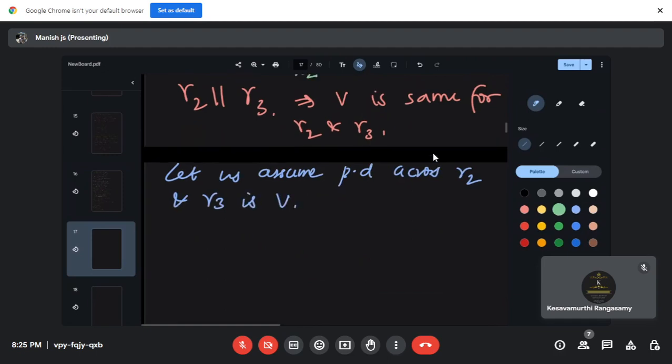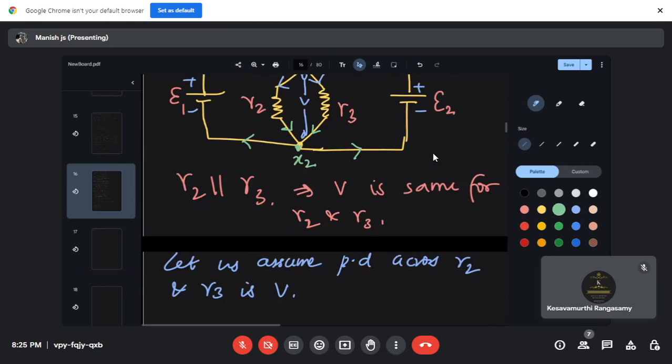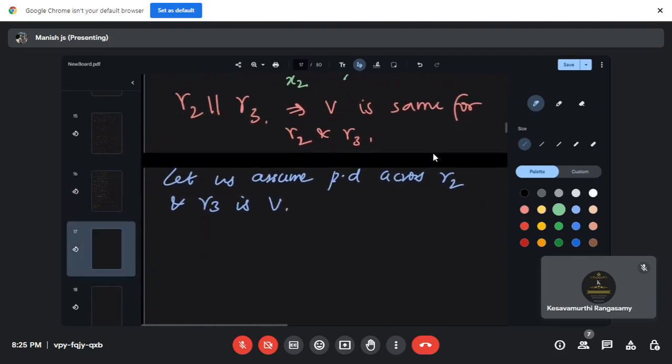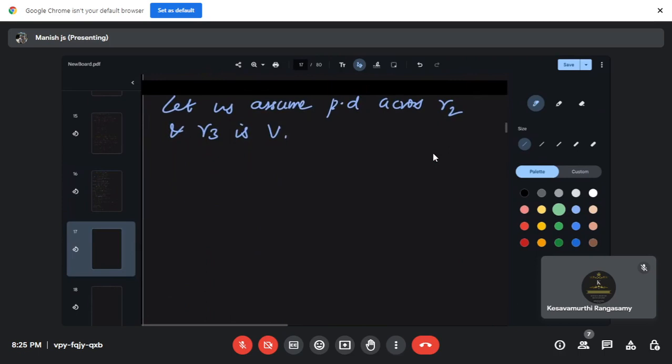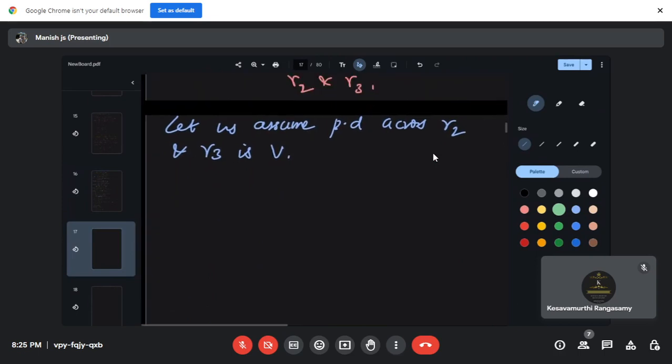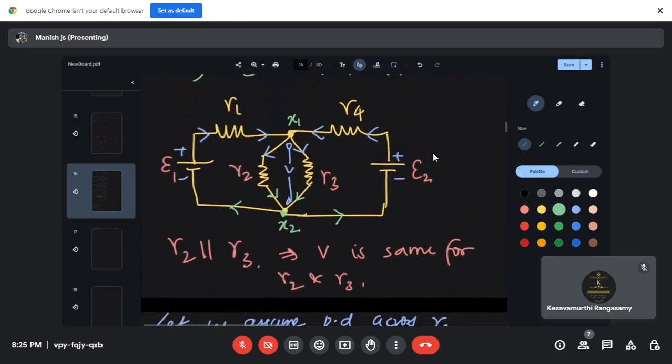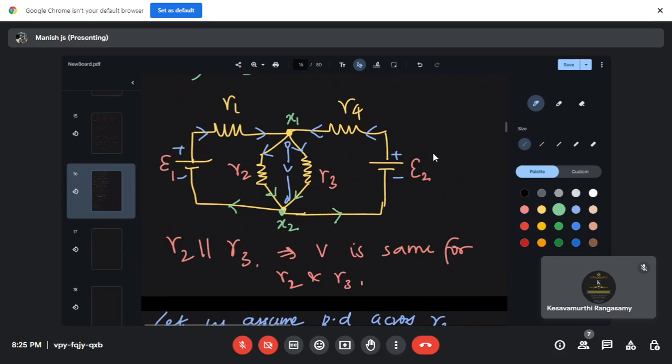Now, how can we write the equation directly? If you assume that potential across R2 and across R3 is V, now apply the positive and negative terminals for your potential. Potential difference means obviously it is a combination of plus and minus. Where it is plus, where it is minus, how do you identify?